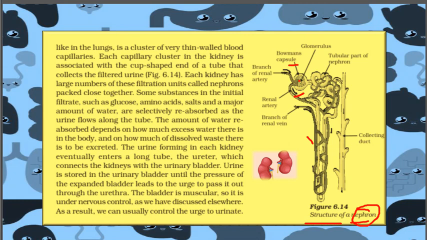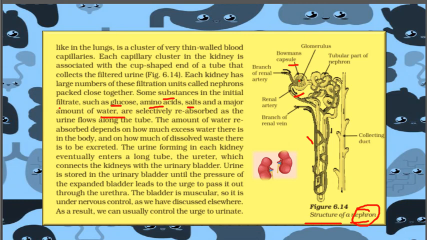Here are some substances in the initial filtrate. Which substances are filtered in the initial stage? Glucose, amino acids, salt, and a major amount of water.